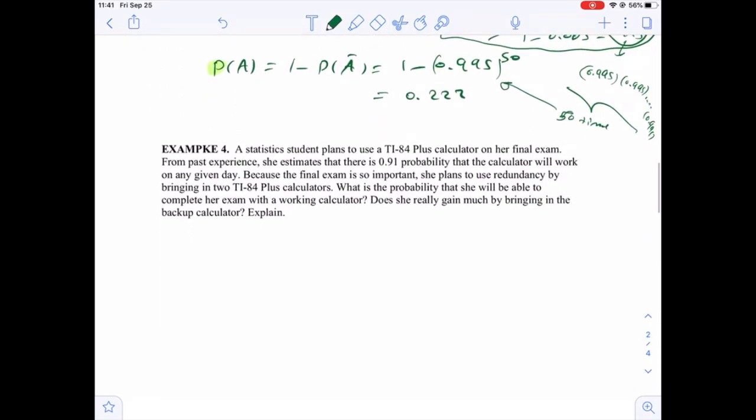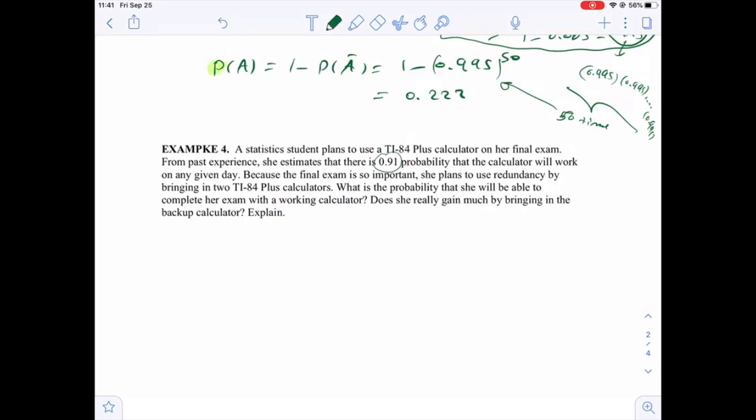Now, problem 4, we have a statistics student who plans to use a TI-84 Plus calculator on her final exam. From past experience, she estimates that there is 0.91 probability that the calculator will work, and that means 0.09 probability that it will not work on any given day.